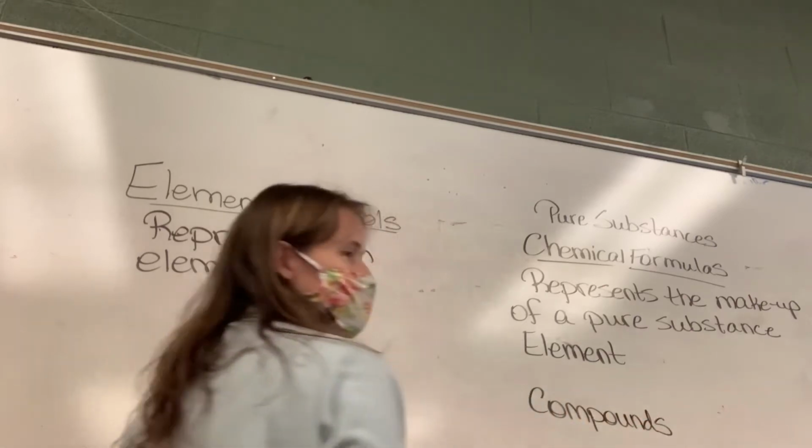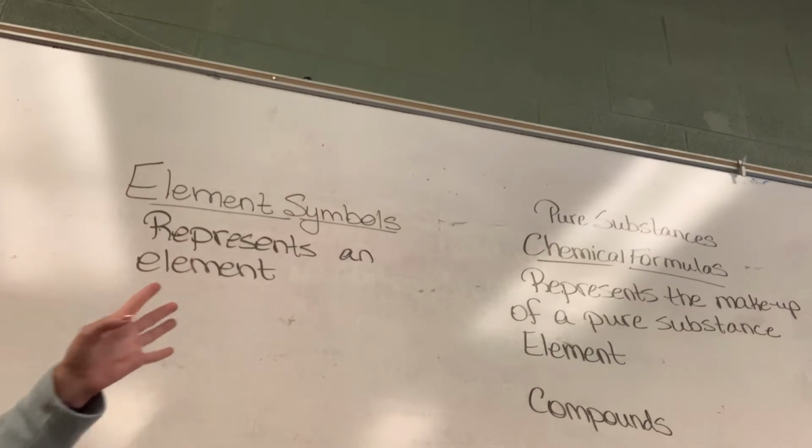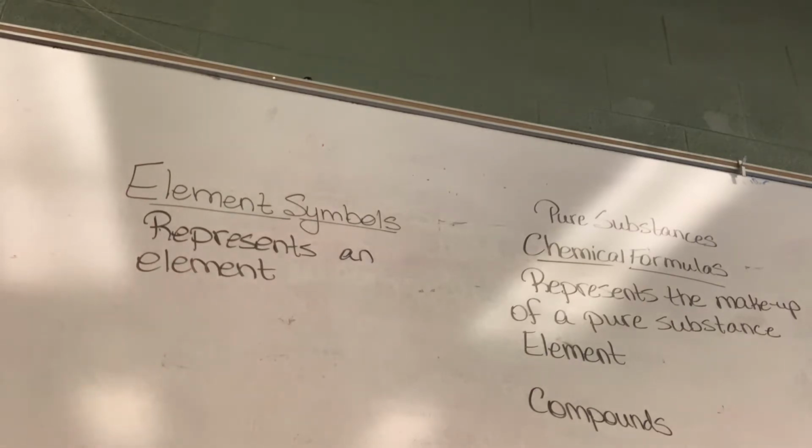So this is where it can kind of get confusing because there's the word element and there's the word element, but they don't mean the same thing. When we're talking about just element symbols, we're not talking about an actual substance. We're just saying, what is the symbol for nitrogen? And you would say N. And what is the symbol for silicon? And it's Si. And what is the symbol for sodium? And you'd say Na.